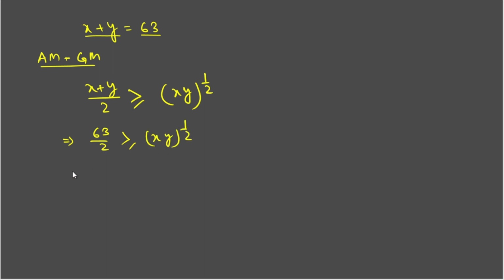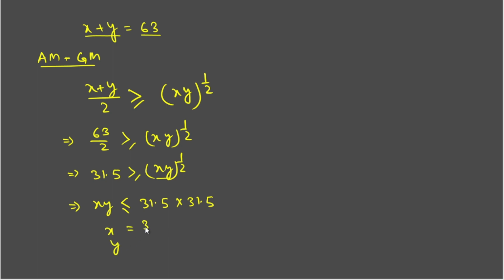Now 63 divided by 2 is 31.5, and xy will be less than or equal to 31.5 times 31.5.